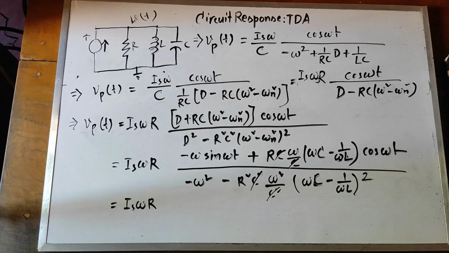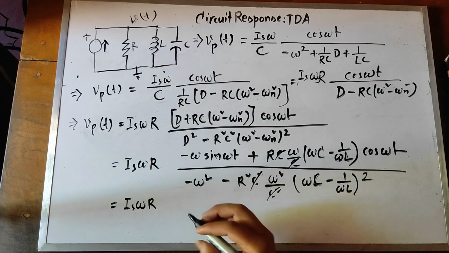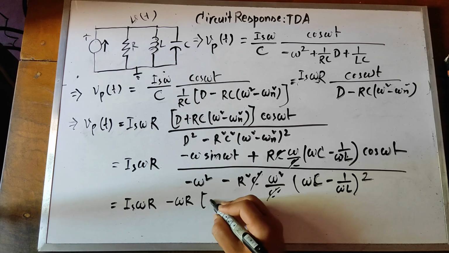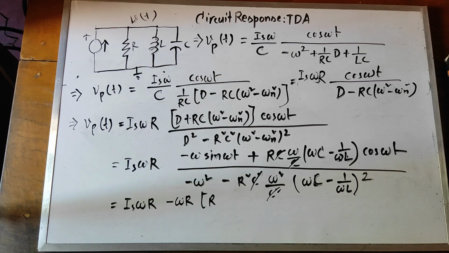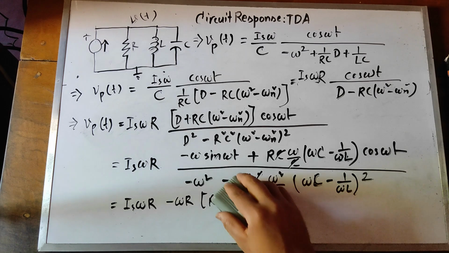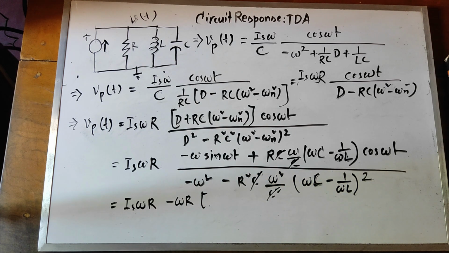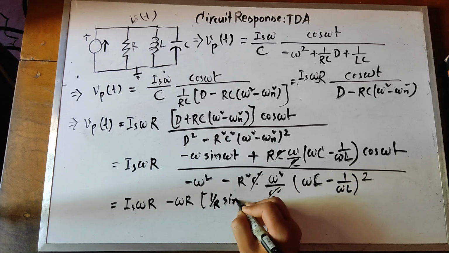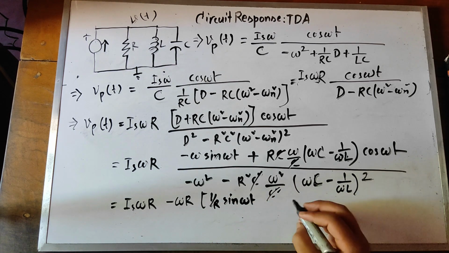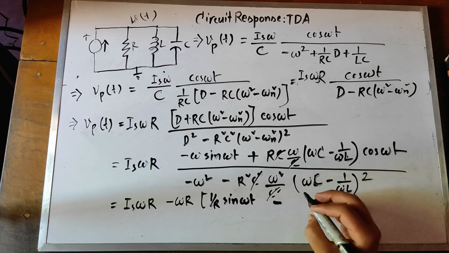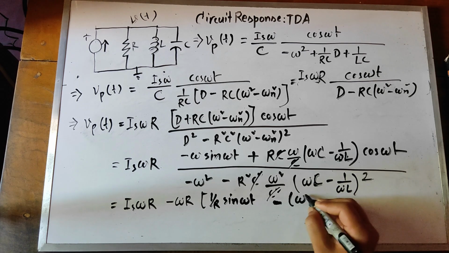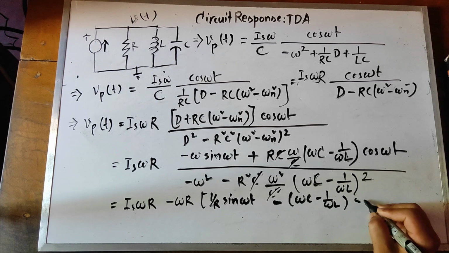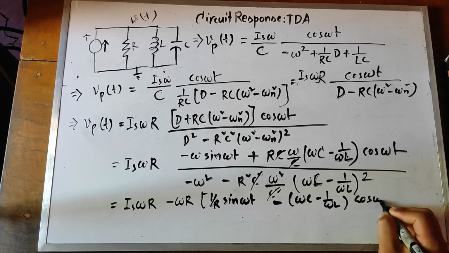If I take omega R from the numerator common, it will give me minus omega R. So it will give me 1 by R sine omega t, then minus omega C minus 1 by omega L, cos omega t.